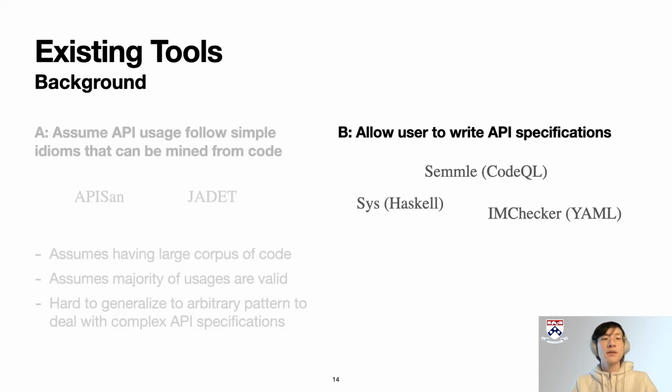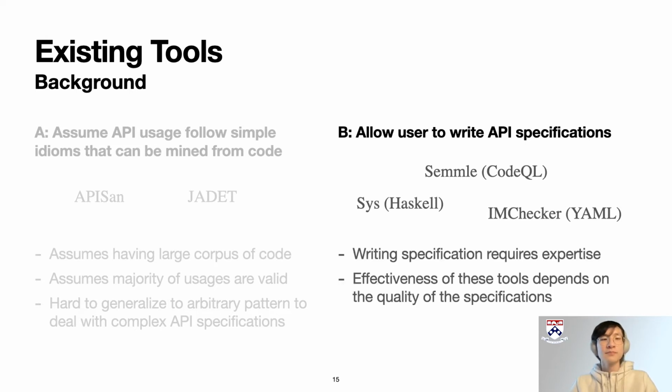Also, it relies on predefined patterns to perform statistical reasoning, which could make it hard to generalize to arbitrary API specifications. On the other end of the spectrum, we have tools that give the end user full control, that is, writing the API specifications. Examples of those include SAML, Sys, and IAM-Checker. Usually these tools provide a domain-specific language for the user to write specifications.